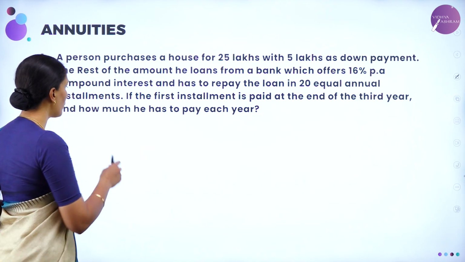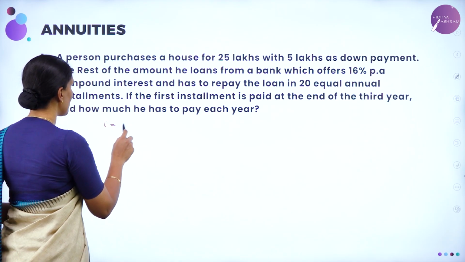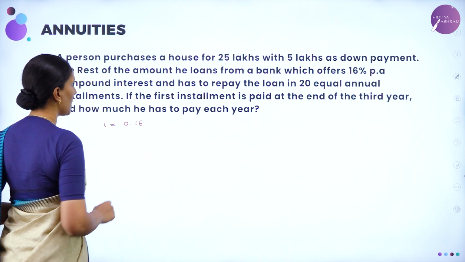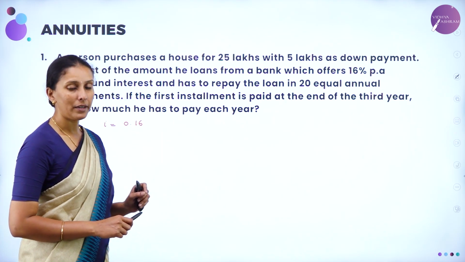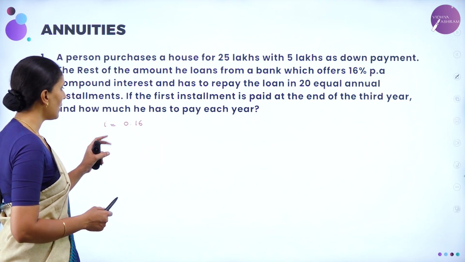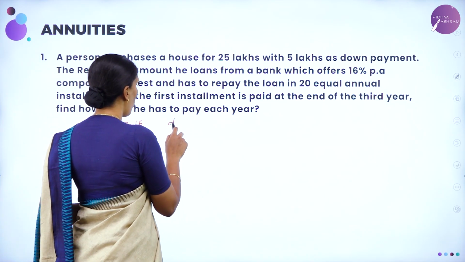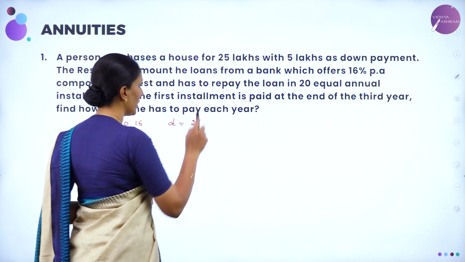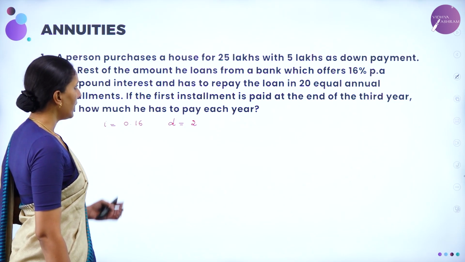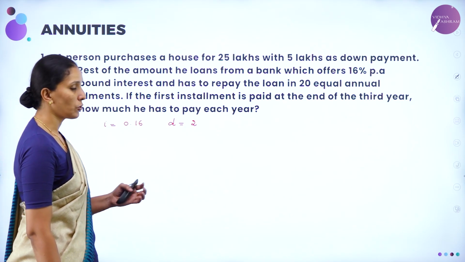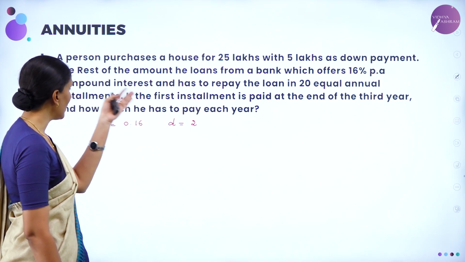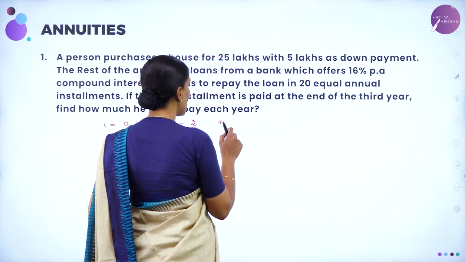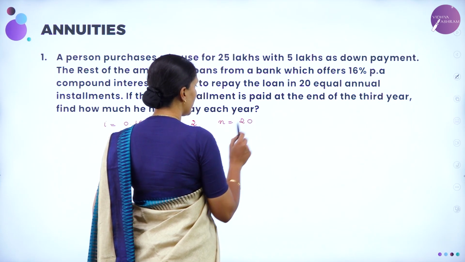The rate of interest charged by the bank is 16%, which is 0.16. He starts paying the equal installments at the end of the third year. That means here the payment is delayed by 2 years. Now we need to calculate how much amount he has to pay each year, because it is paid in 20 equal annual installments. That means the number of installments n is equal to 20 here.